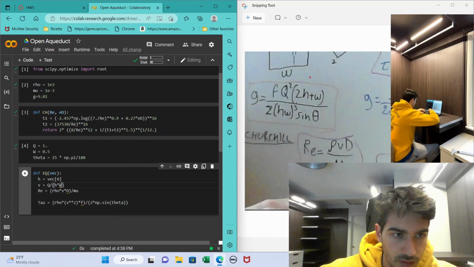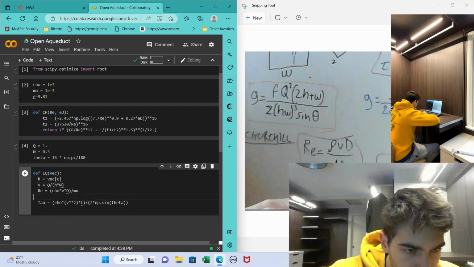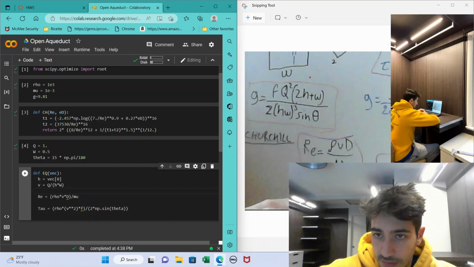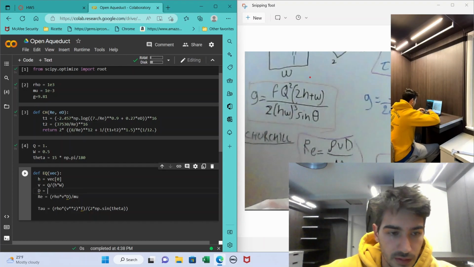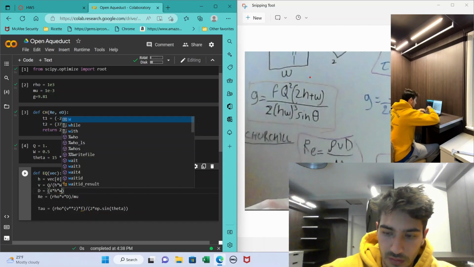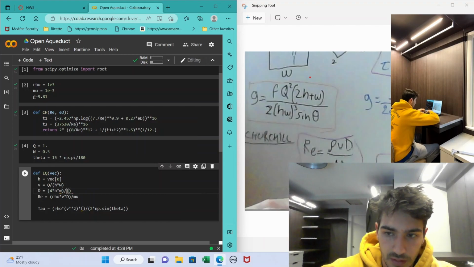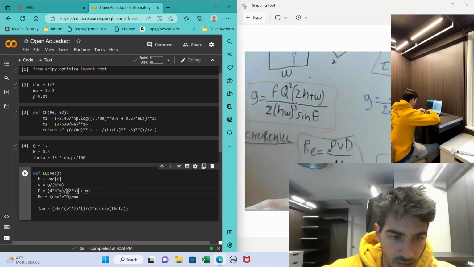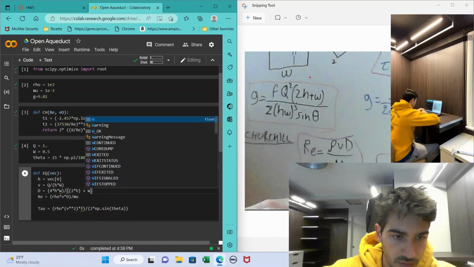Oh, it doesn't know the width. We have capital W. That should be good. Of course, it doesn't know D either, so we can go ahead and plug this equation in, relating it, which is 4HW divided by 2 times H plus W. To make sure there's no issues with the multiplication.